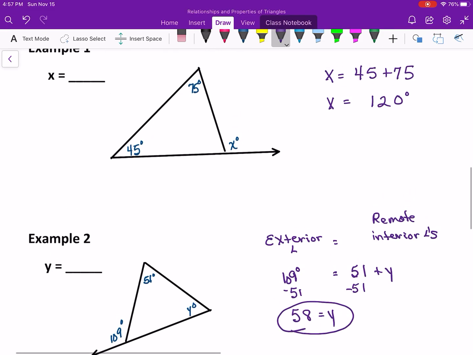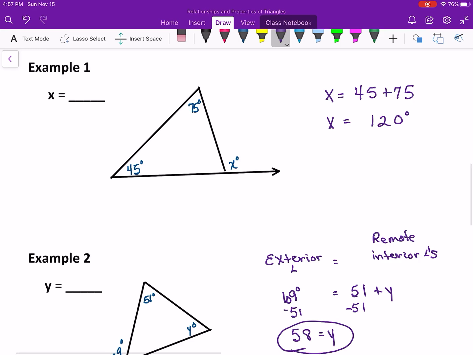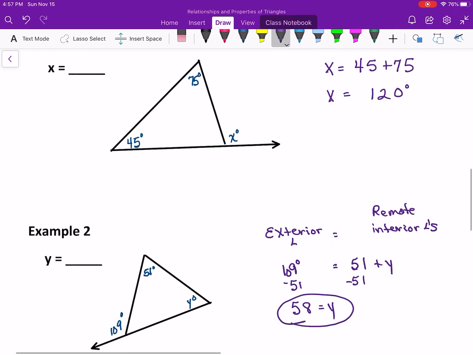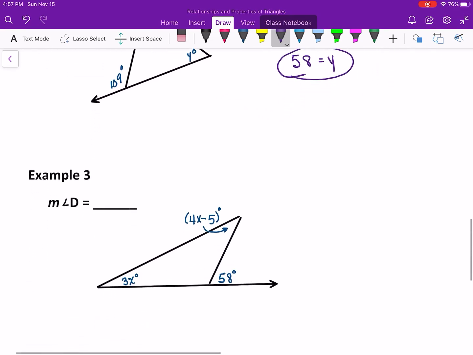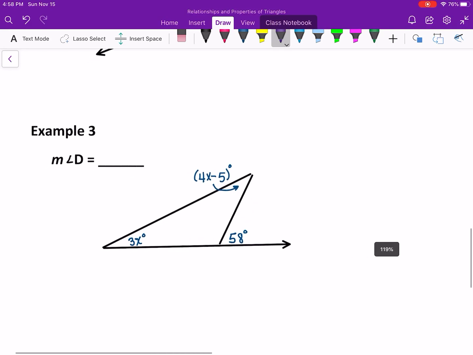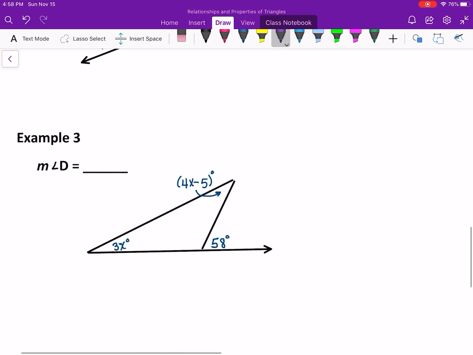They're not extremely challenging. We're just trying to make sure that you can identify interior and exterior angles. All right, one more, and then I'm going to let you practice a little bit. This one's got a little bit more to it, but it's still using the theorem. We have a few more x's flowing around, but step 1 is you identify that exterior angle. It is the angle that's part of a linear pair that is outside the triangle.